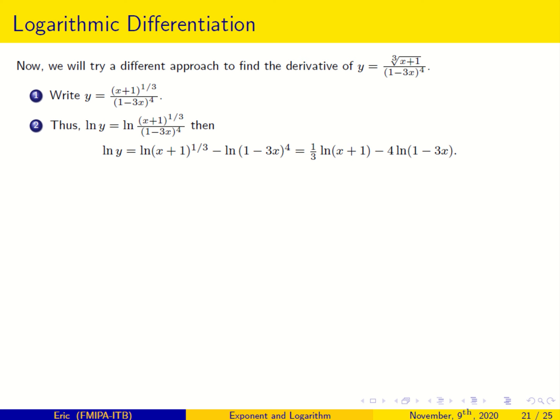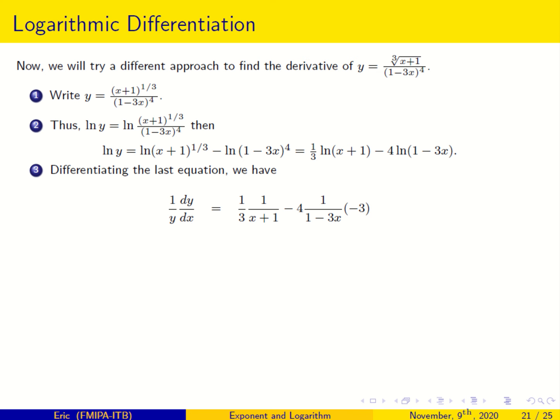So I have ln y is 1/3 ln of x plus 1 minus 4 times ln of 1 minus 3x. I want to find the derivative of this. The derivative of ln y is 1 over y times dy/dx. The derivative of the first term is 1 over x plus 1 times 1, the derivative of x plus 1. Minus 4 times 1 over 1 minus 3x times the derivative of 1 minus 3x, which is minus 3, by the chain rule.